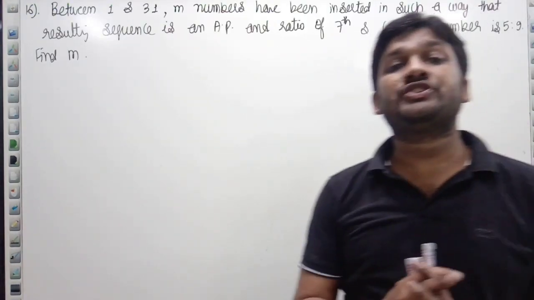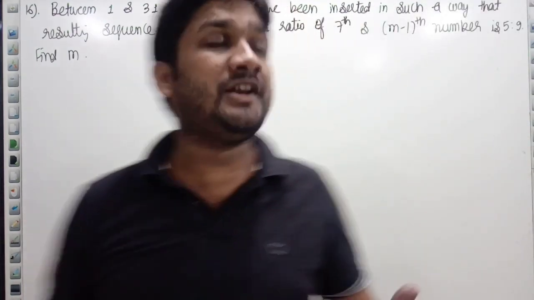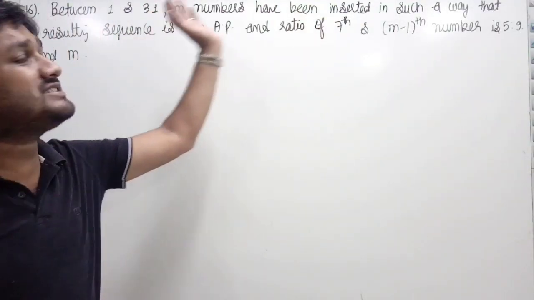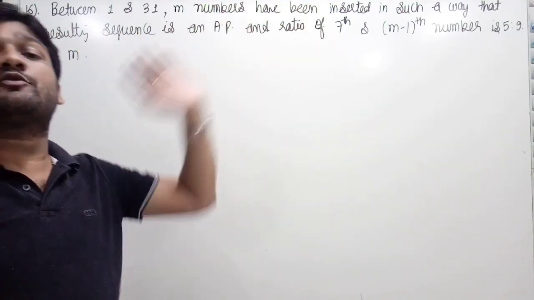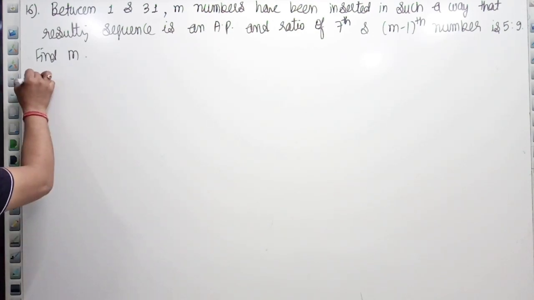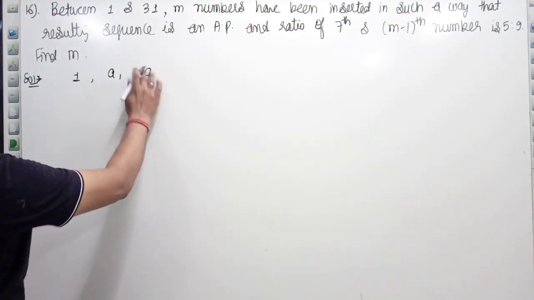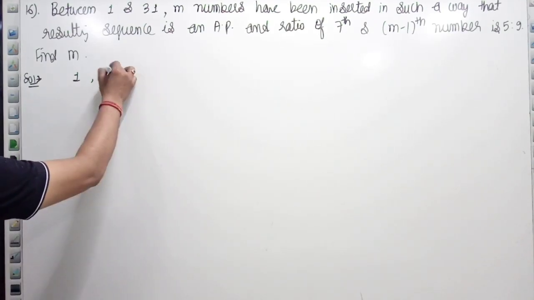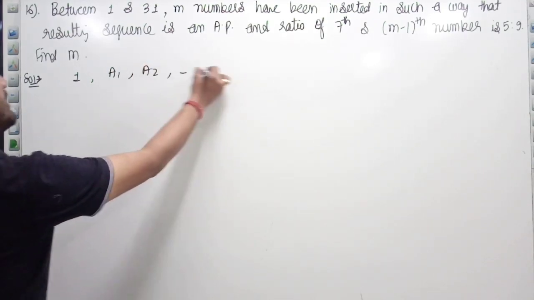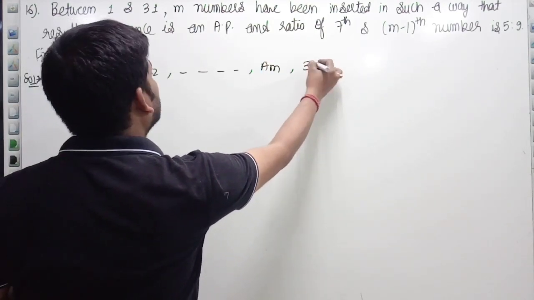Now next question is question number 16. In this question, between 1 and 31 we are inserting m numbers in such a way that the resulting sequence is in AP, which means I am inserting arithmetic means. How many numbers? m numbers, means 1, a1, a2, ..., am, 31.